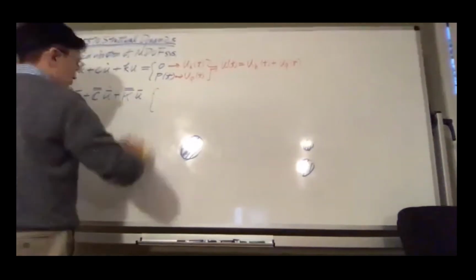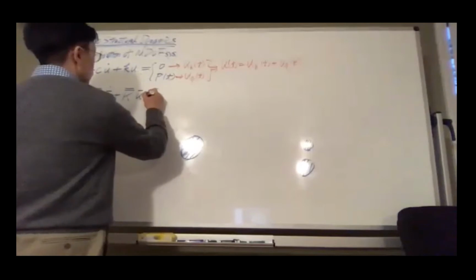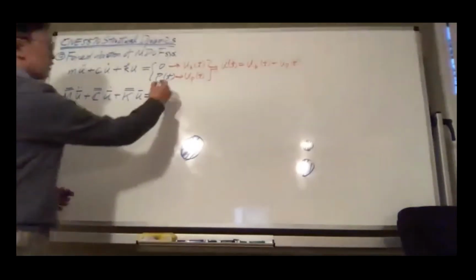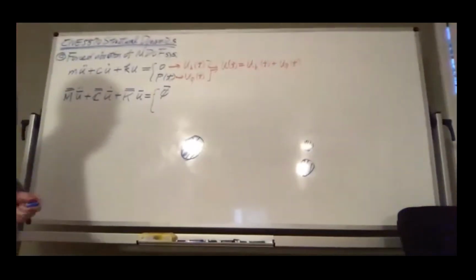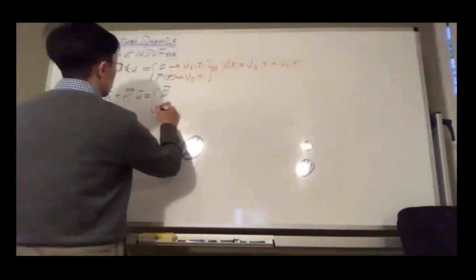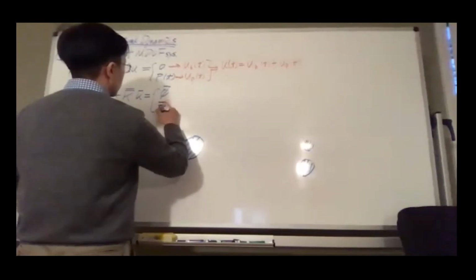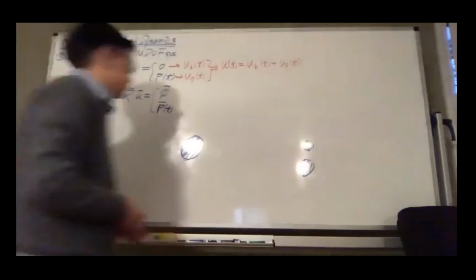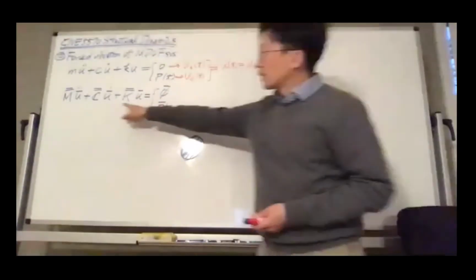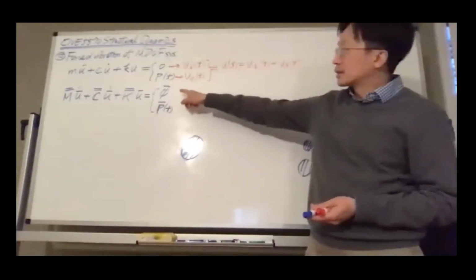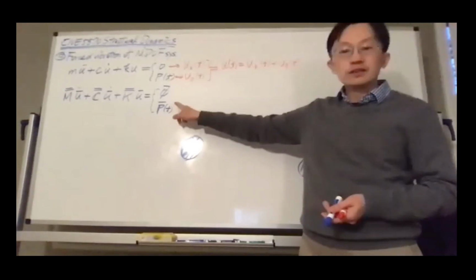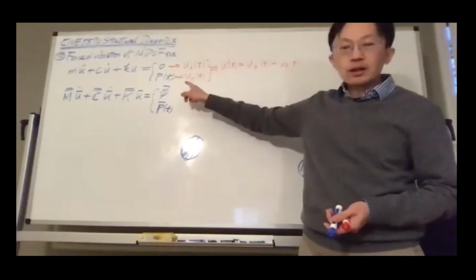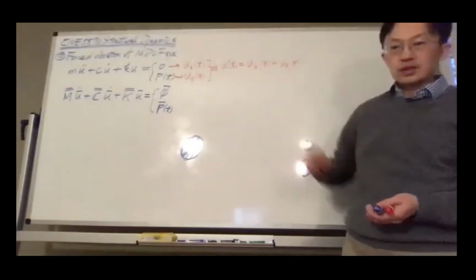One is still 0, meaning the free vibration of the multi-degree of freedom system. 0, of course, is not just 0, but a 0 vector. Or it equals a force vector, which is a function of time. The same idea: when this equation becomes a 0 vector, it corresponds to the homogeneous solution, and when it is not, it corresponds to a particular solution. Combining these two leads to the general solution.